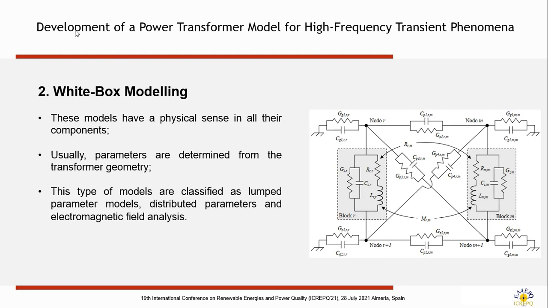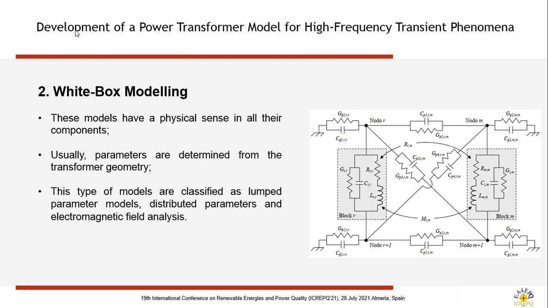The transformer manufacturers make use of these models. Inside these models, we have the white box modeling, whose main concept is to represent the transformer topology by means of passive elements in an electrical circuit. These elements are resistance, capacitance, and inductance, and they have a physical meaning and are calculated from the geometry.